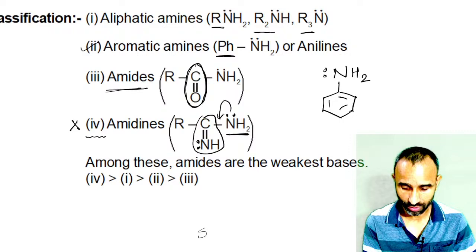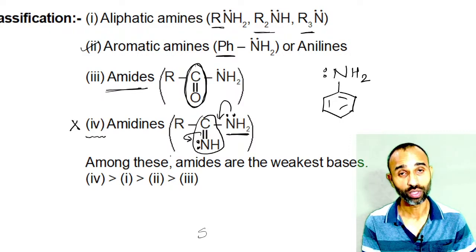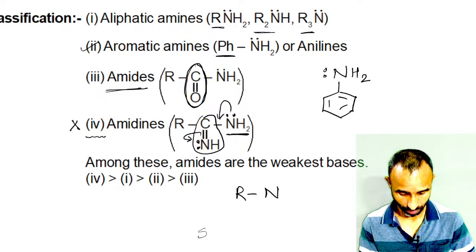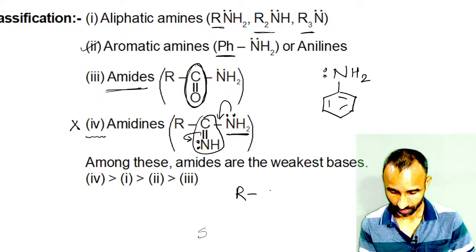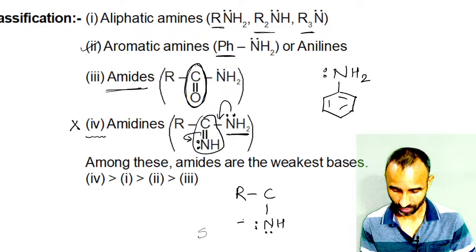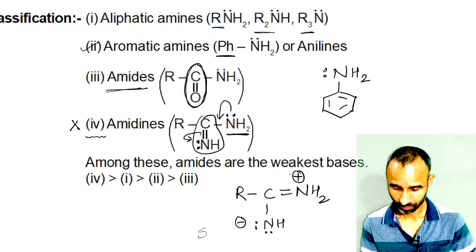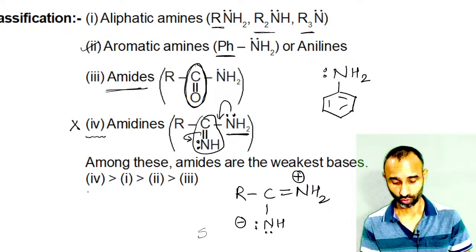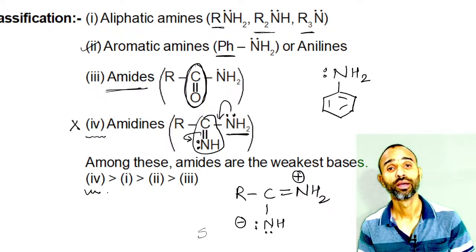If it is in conjugation, you will get two nitrogen containing compounds, say C single bond NH, it is like this, so that's why fourth one is most basic.